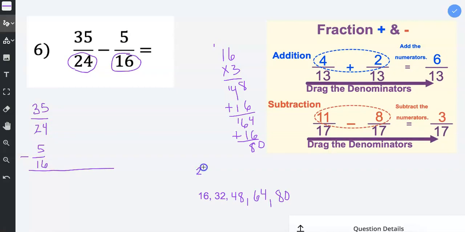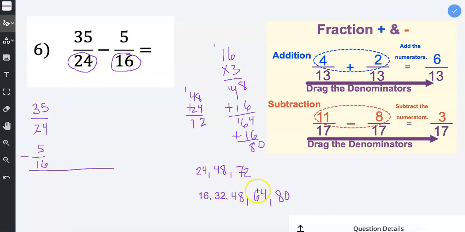So we have 24, 48, then I'm going to add 48 and add on another 24, and up to 72. And I'm actually going to stop there because take a look.